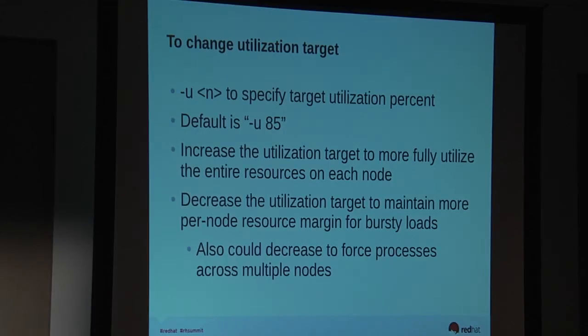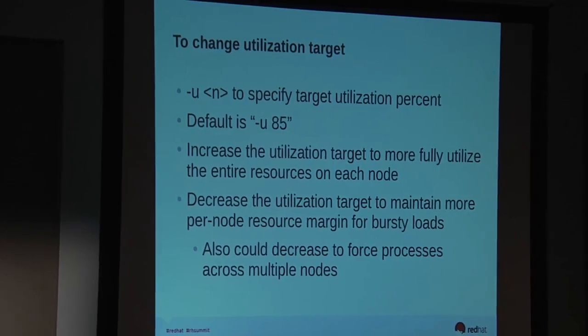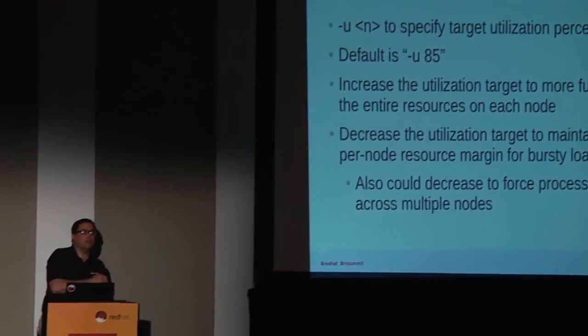By default, numad tries to maintain some resource margin on your NUMA nodes. Okay? If you have carefully sized your workloads or guests to fit in a NUMA node, you might want to say something like numad -u95 to say, it's okay to use almost all of the resources in this node, and don't worry about it because I sized it that way. But by default, it tries to maintain some margin so that the resources can absorb bursty applications.